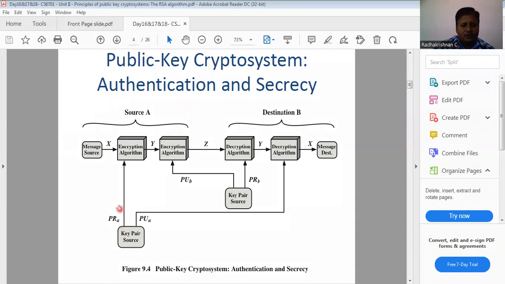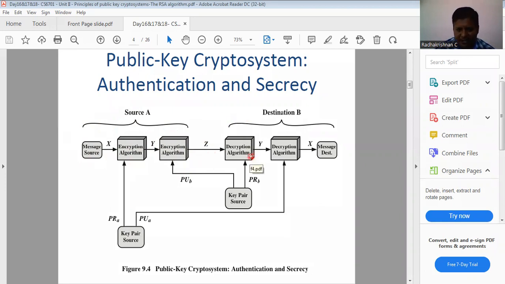With the help of the user's private key, the encryption algorithm converts the message into encrypted information. You have to perform this private key encryption. This encryption algorithm also produces the Z value that will be used in the decryption process.